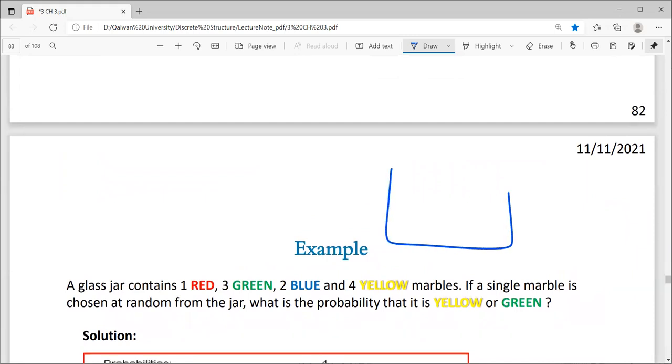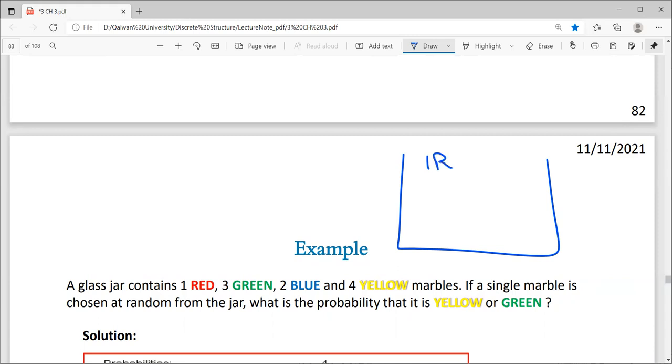We have a glass which contains 1 red, 3 green, 2 blue, 4 yellow marbles.